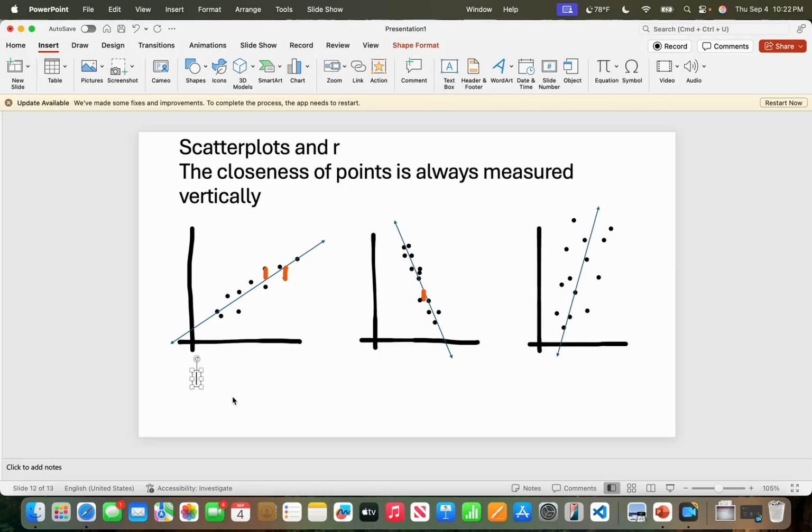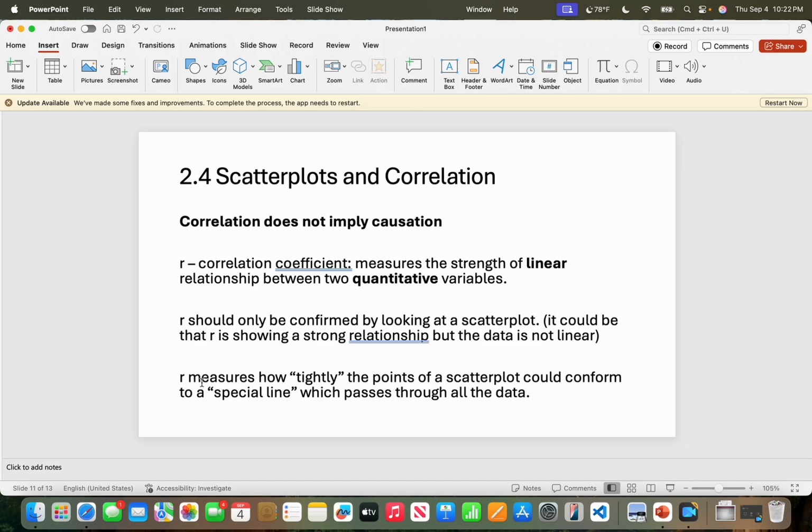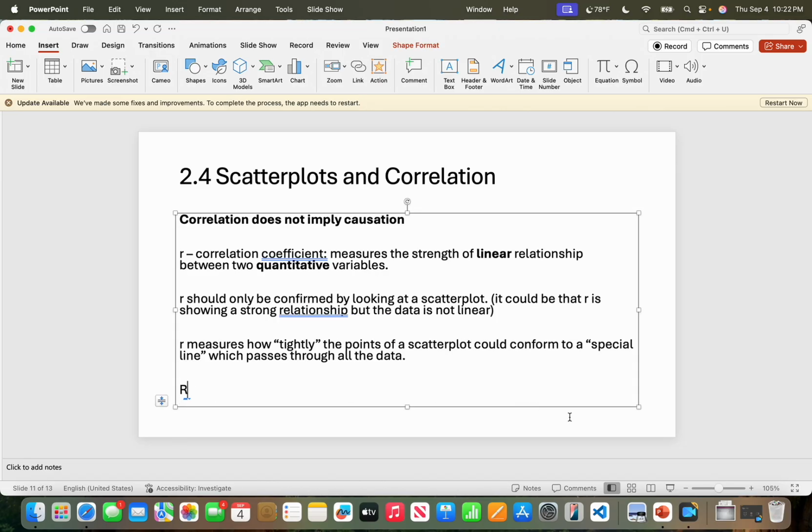Now, here's the next note that's important to know before we continue: R measures the closeness. R measures how tightly the points of a scatter plot conform to a special line. Maybe we have to put it here in the top section. Last thing is R takes on values, or in other words, you're only going to get a value between -1 and 1.